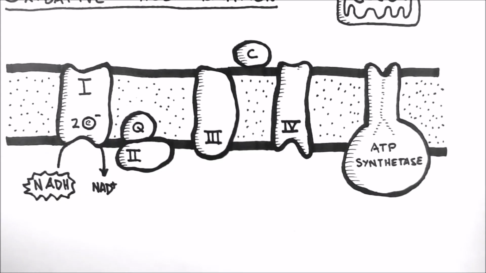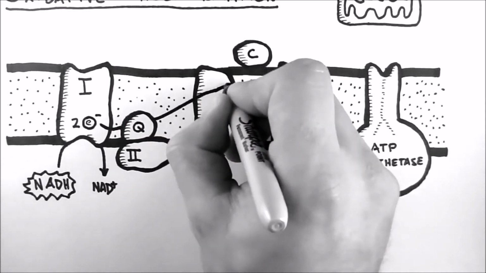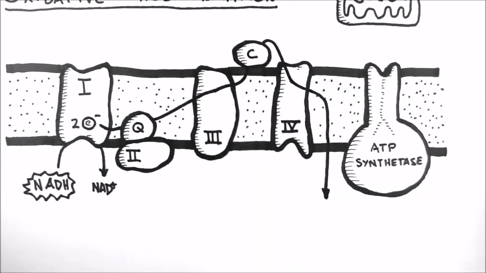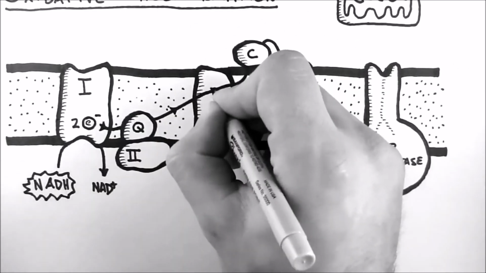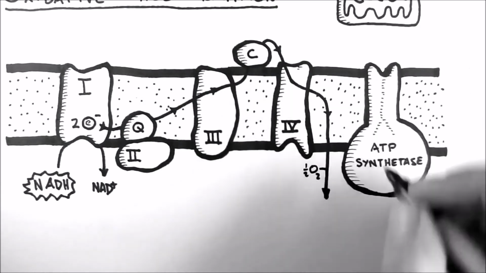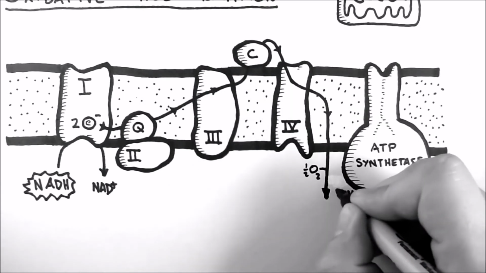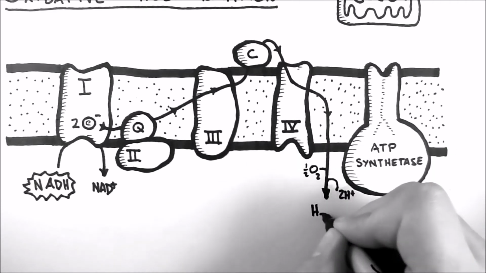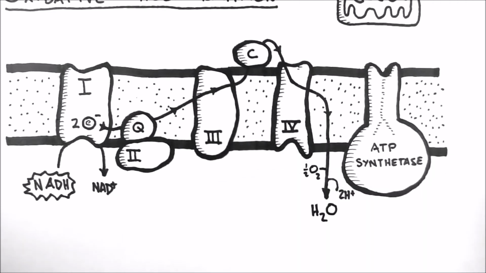These 2 electrons get passed between the complexes like this, and are finally accepted by oxygen, and with a couple of protons, this produces water. This oxygen is supplied by breathing air from our atmosphere, and to provide this is the reason that all animals need to breathe.